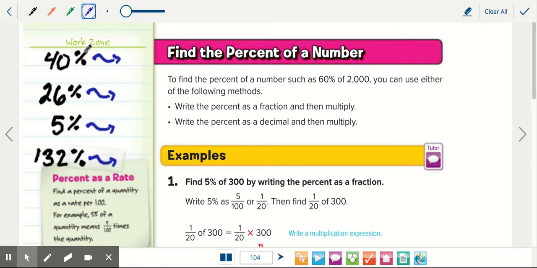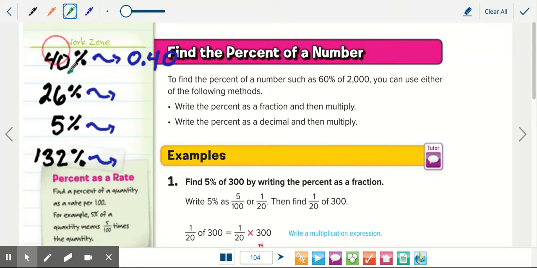So 40% as a decimal should be 0.4 or 0.40. Putting the extra 0 there does not make or break anything. One of the ways that you might have learned is to move the decimal 2 spaces to the left, because a whole number like 40 has a decimal right there.